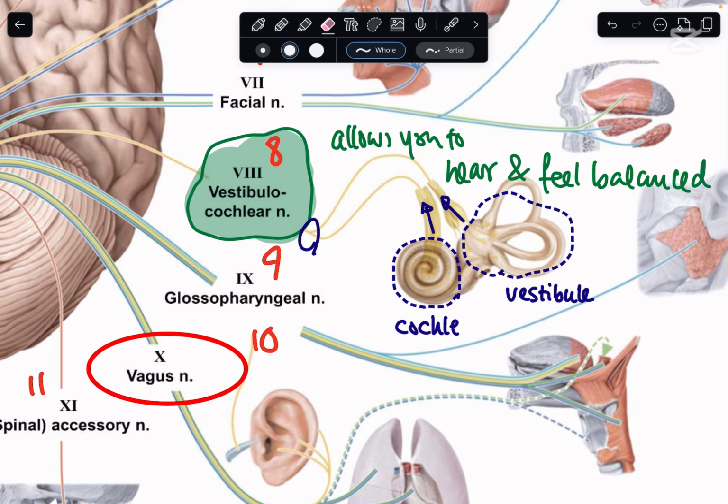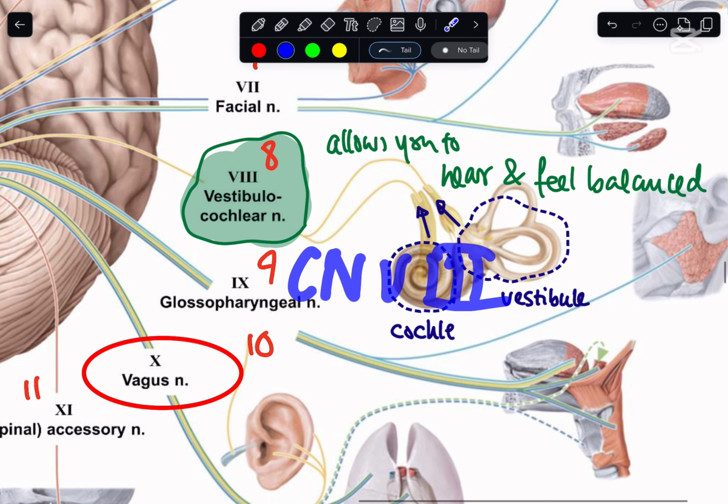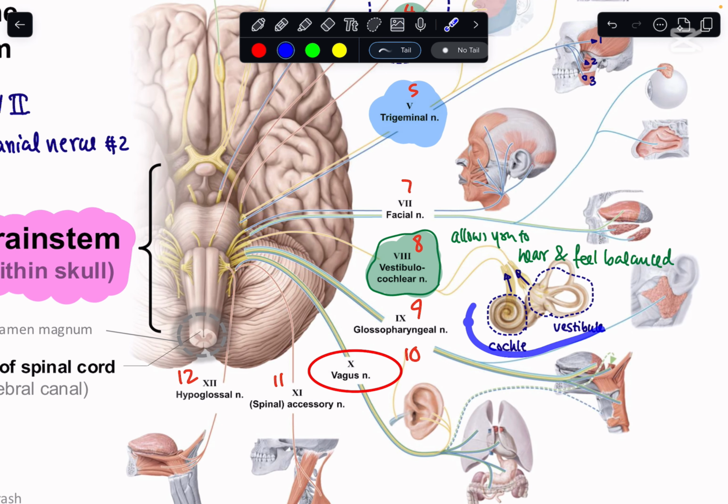You can see that the two nerves merge. So there's only one nerve here that we need to know, called the vestibulocochlear nerve, or CN8, or CN VIII. By the way, that's your ear. This is called the inner ear.